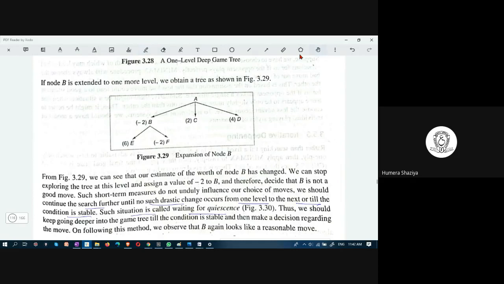Waiting for a stable situation is known as quiescence. This is not stable. Why is it not stable? Because it might change. If it will not change, then it is said to be stable.